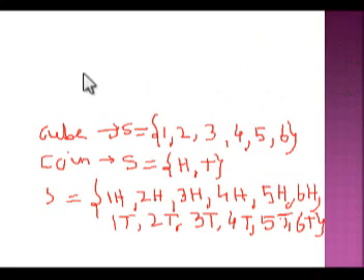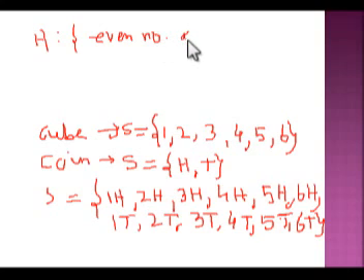One incident, a favorable incident: we seek to know that A is an event such that an even number shows on the surface of the cube and tail on the coin.